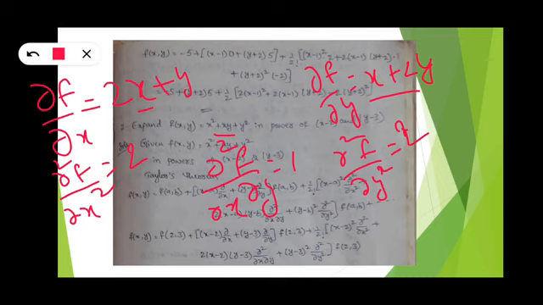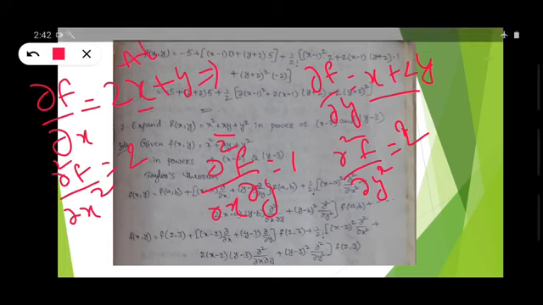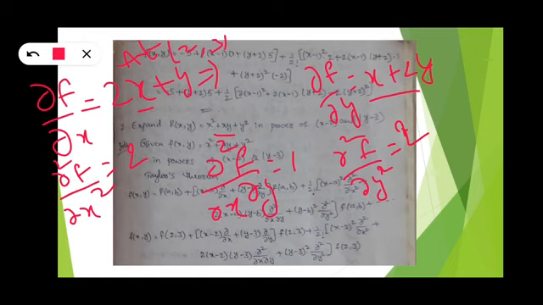Now we calculate at the point (2, 3). So we substitute 2 in the place of x and 3 in the place of y.